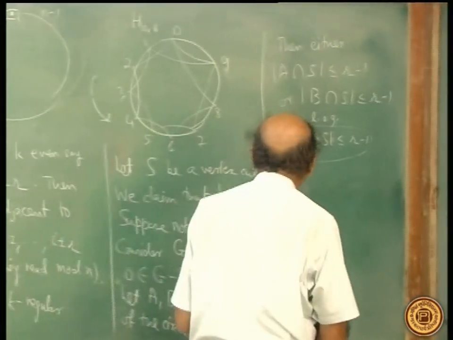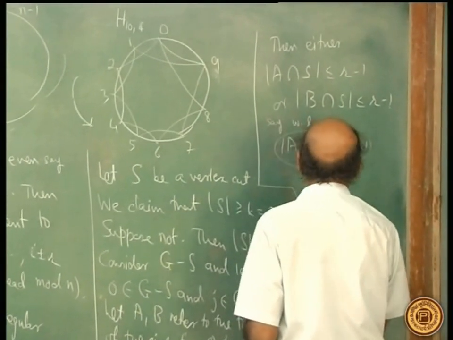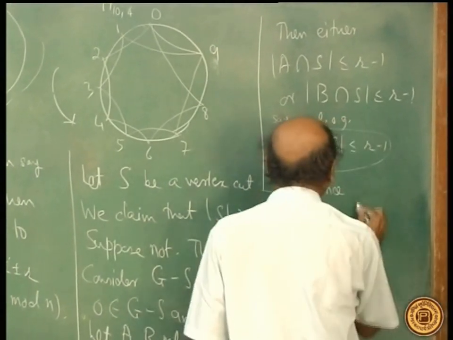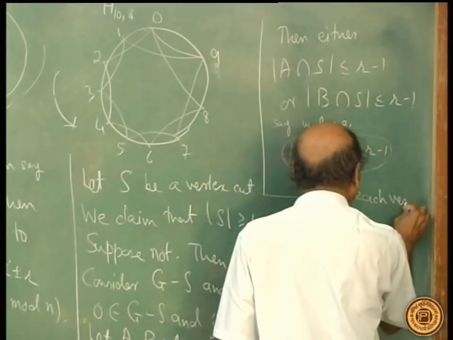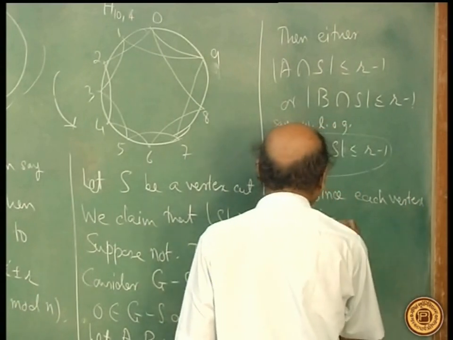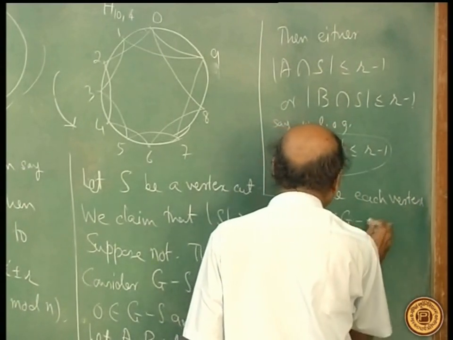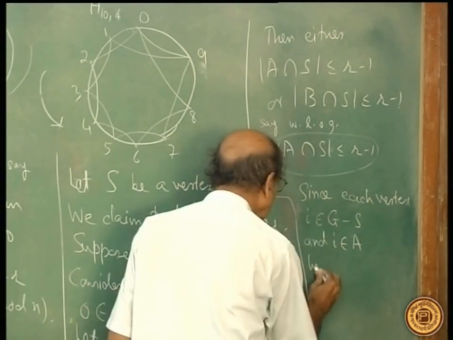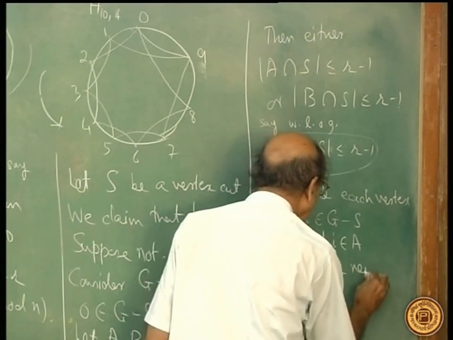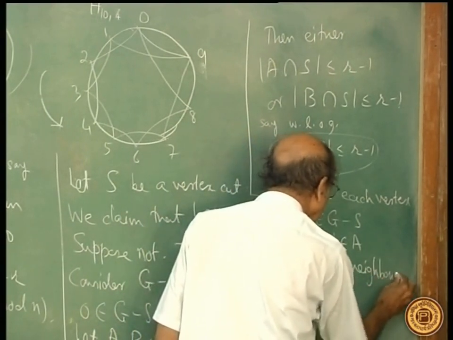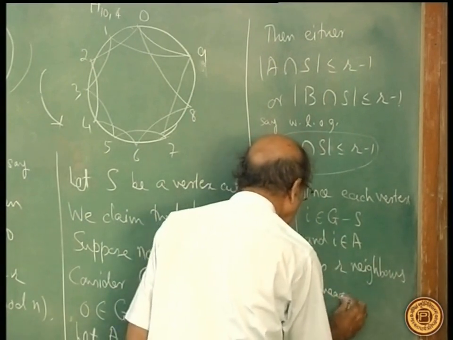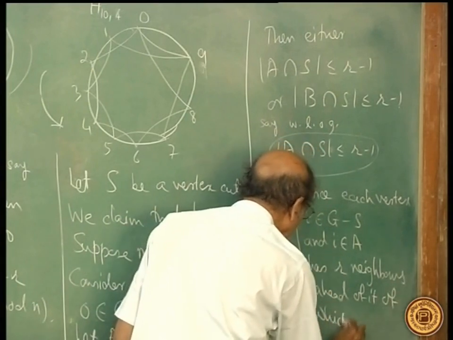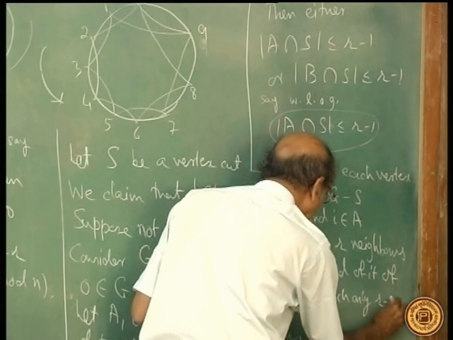So let's write this down. Each has r neighbors ahead of it, of which only r minus 1 are removed.